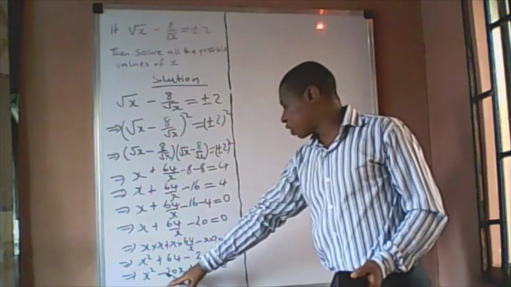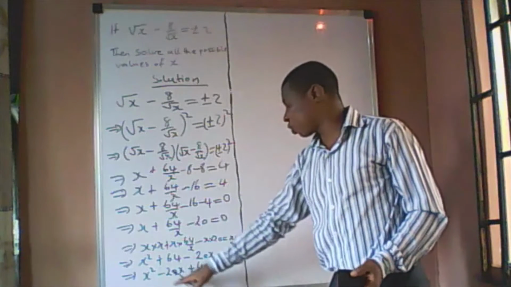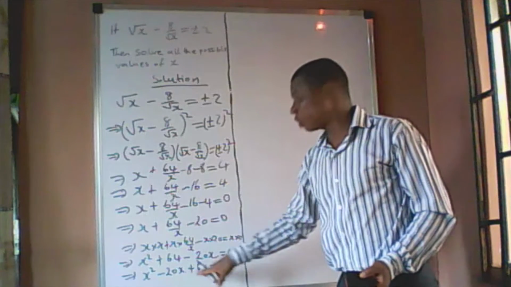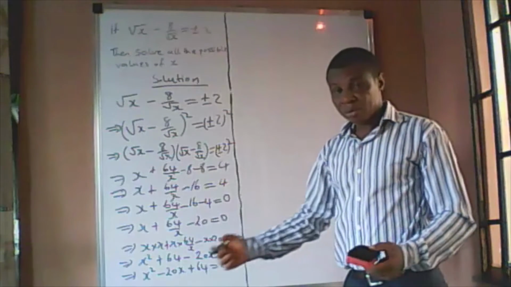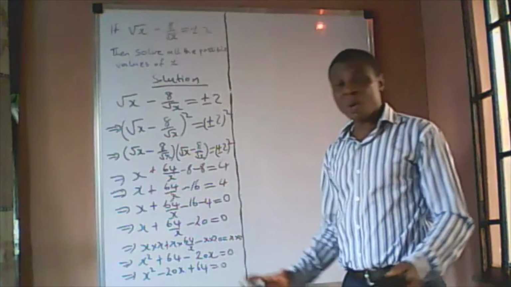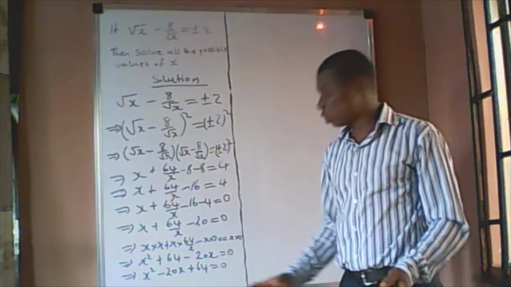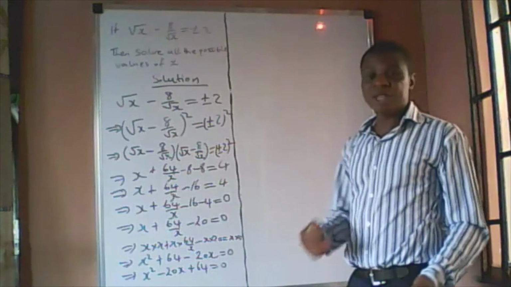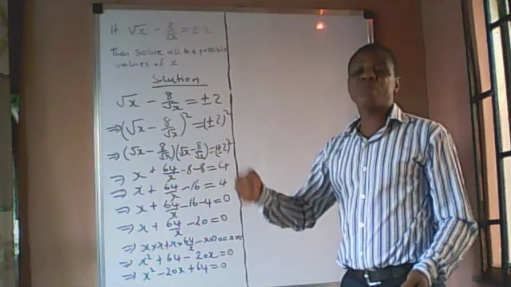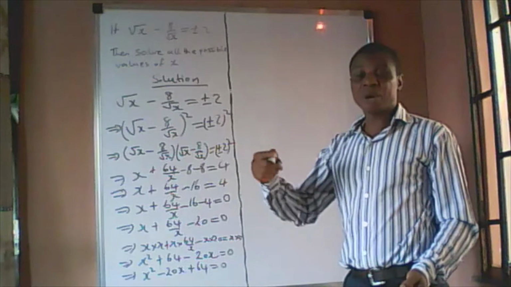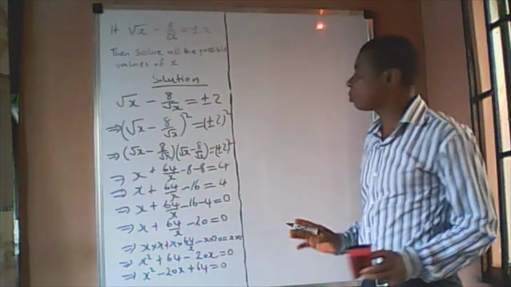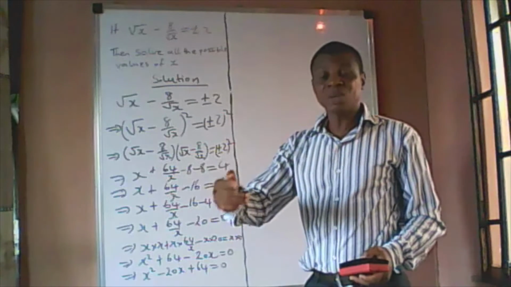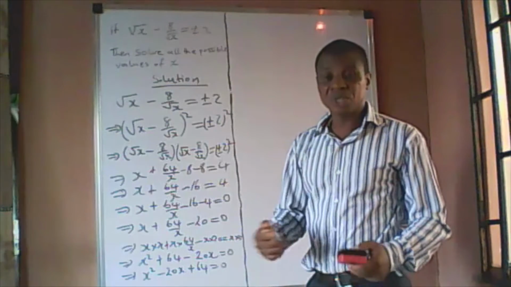We find two numbers that when we add them, they give us minus 20, and when we multiply them, they give us 64. And what are those numbers? They are minus 16 and minus 4, because minus 16 minus 4 will give us minus 20, and 16 times 4 will give us 64.